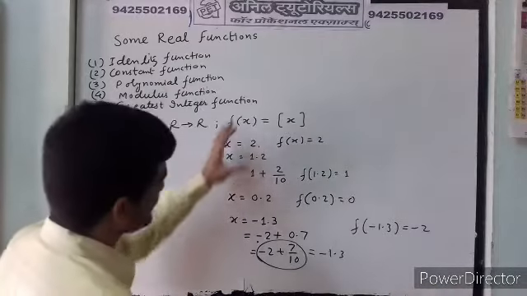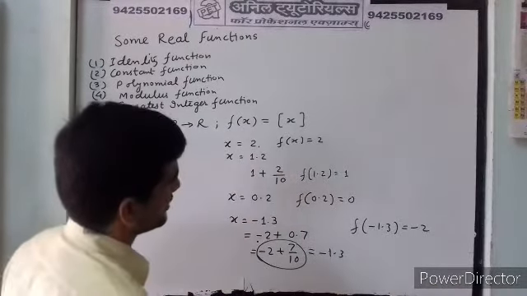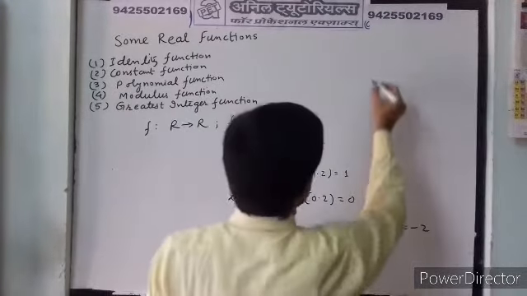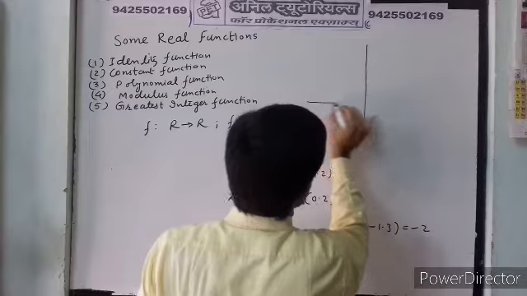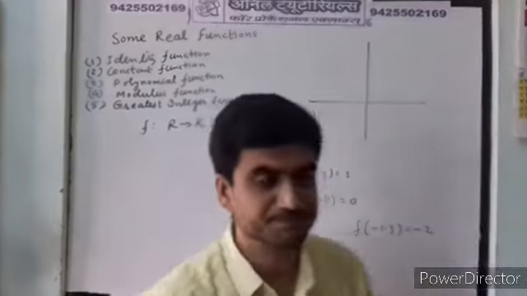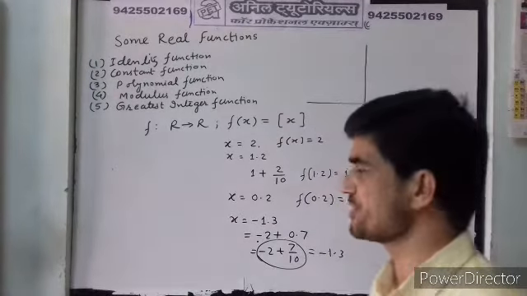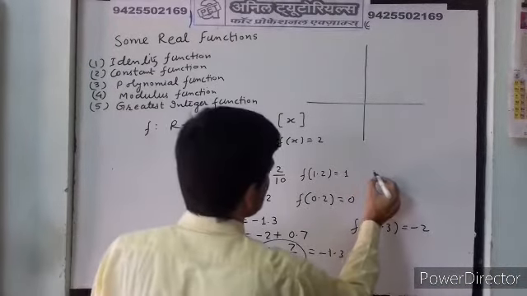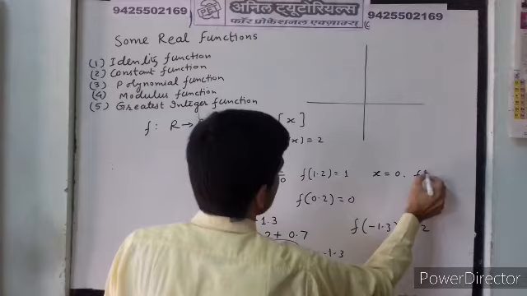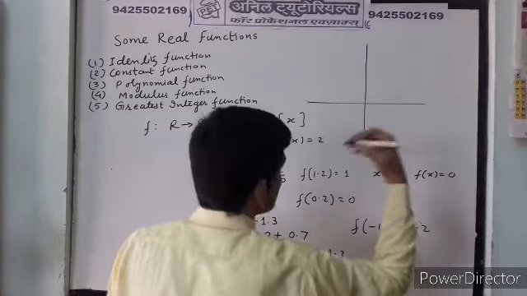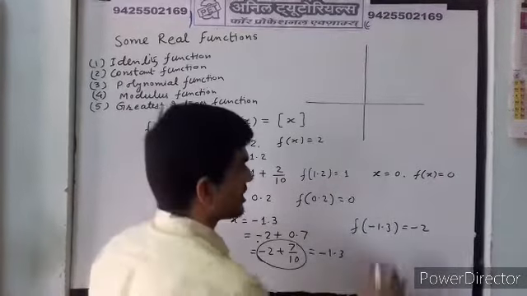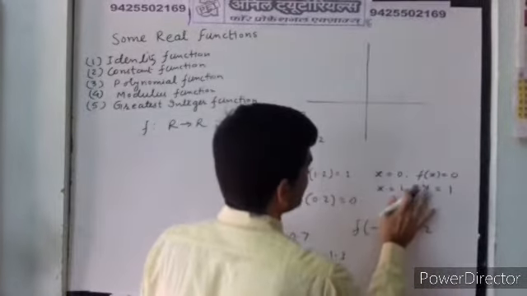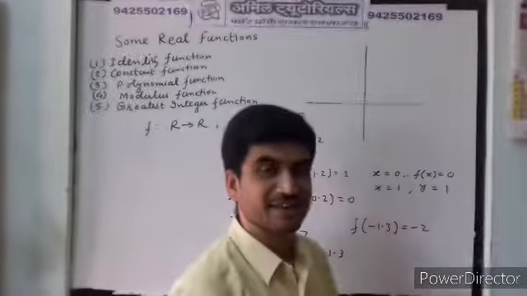Now interesting, no? Just see how the graph of this function is being plotted. See, when you take x equal to 0, you will get y also 0. When you take x equal to 1, y is also 1. Clear?